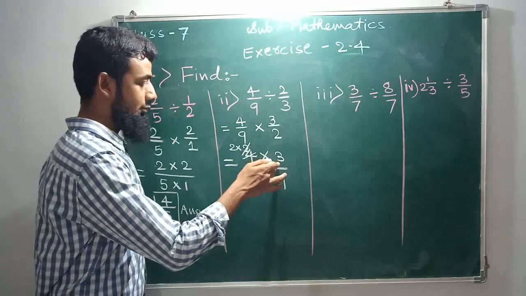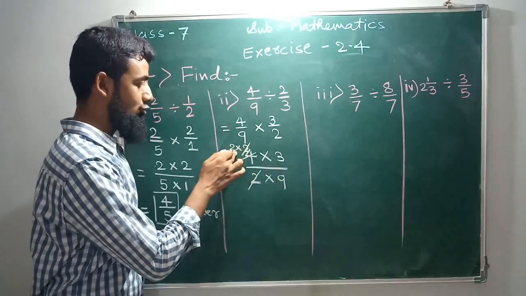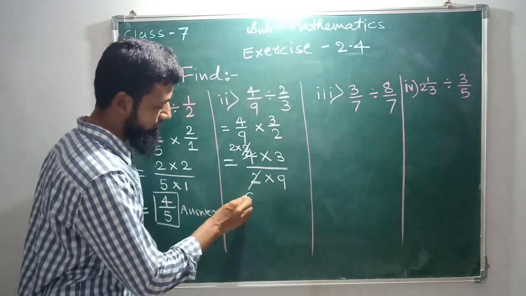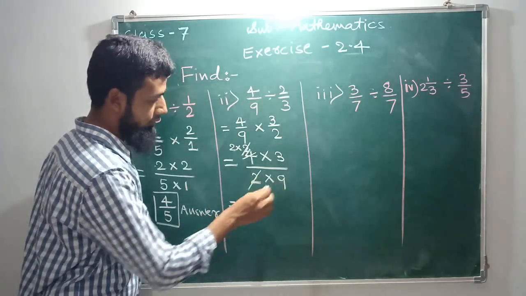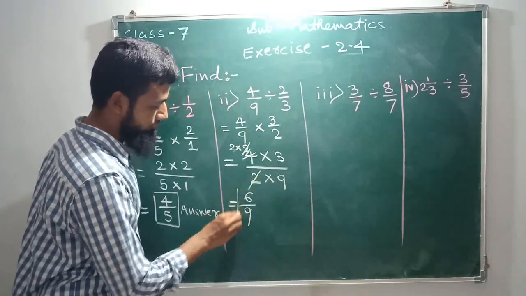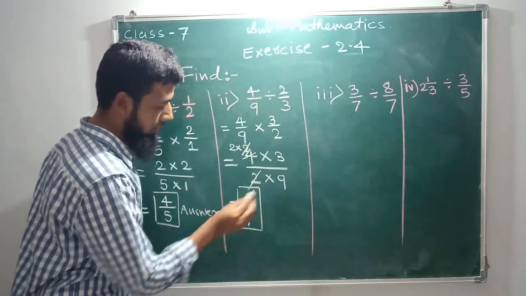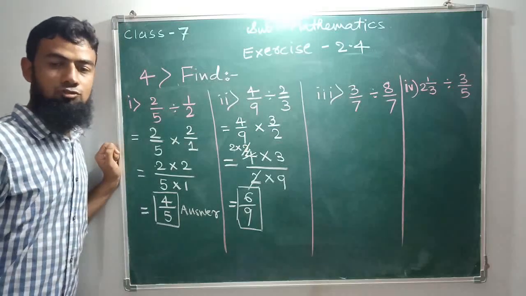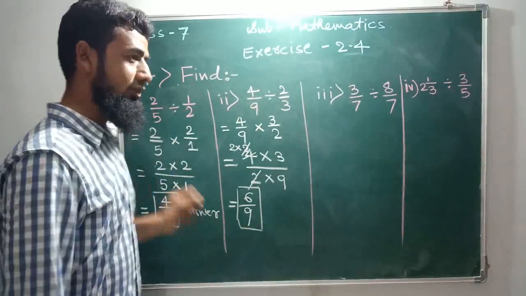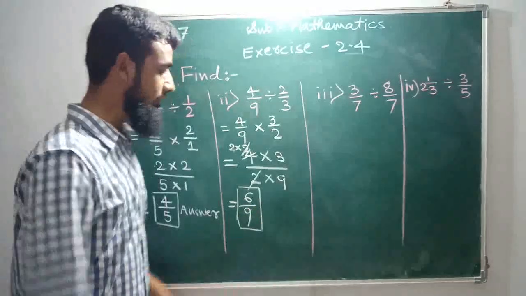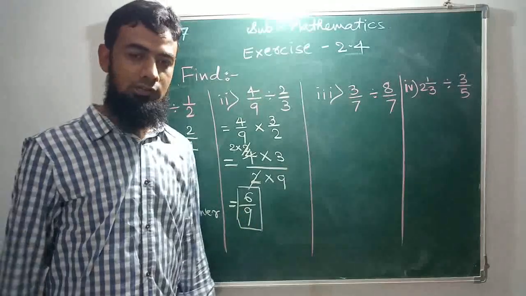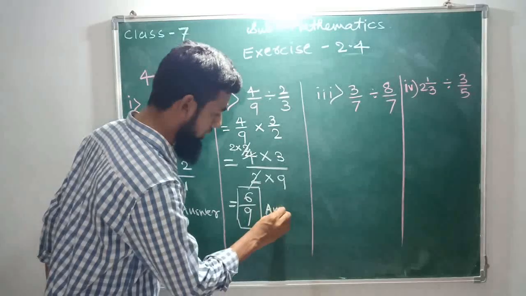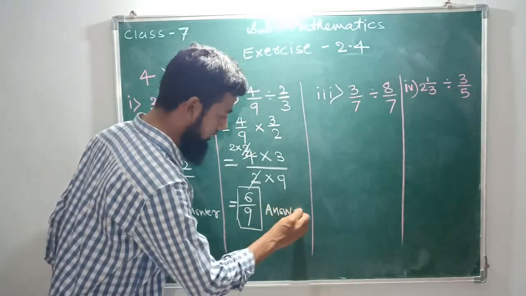The remaining is 3 times 2, which is 6 upon 9. So beta, it is your answer, and it is also a proper fraction. If your answer comes as a proper fraction, there is no need for division. Understood?